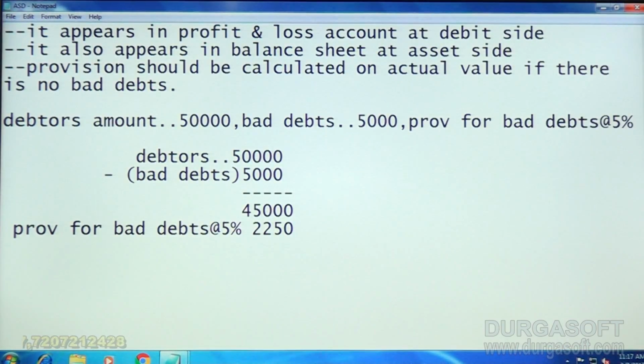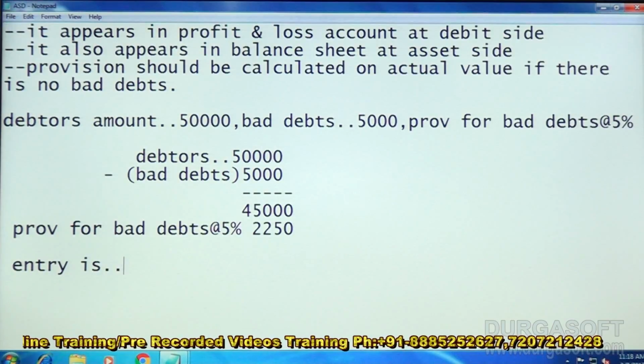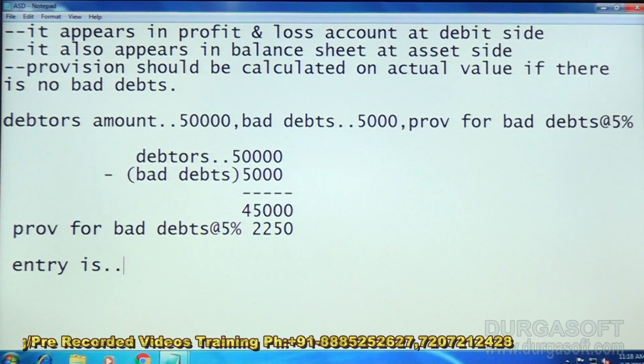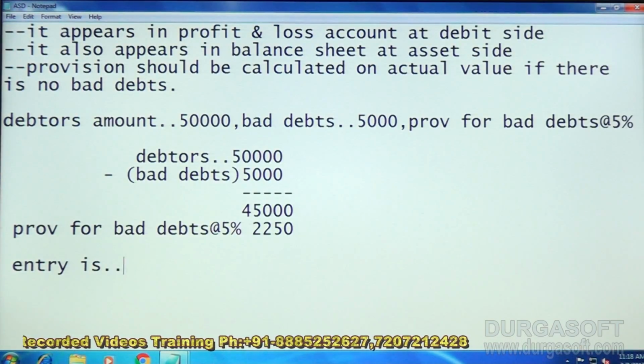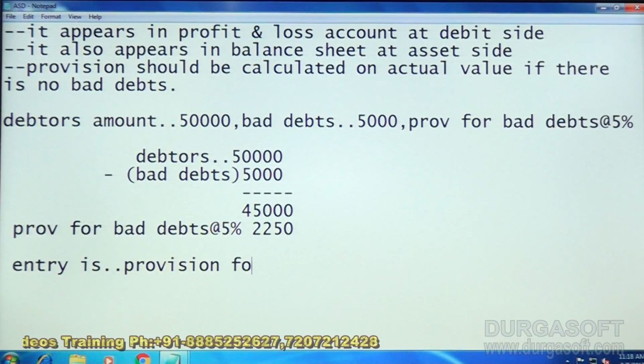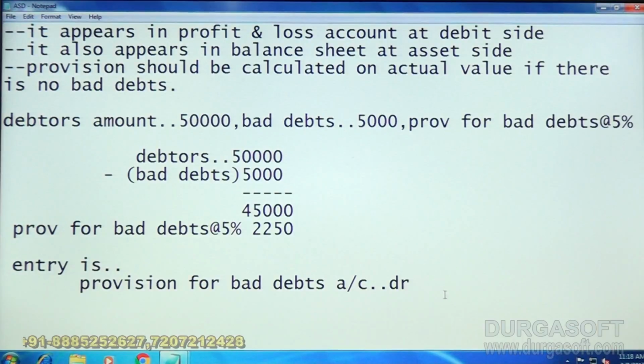If there are any bad debts, in this way we need to calculate, and the entry we need to pass is: provision for bad debts account debit, to debtors account.